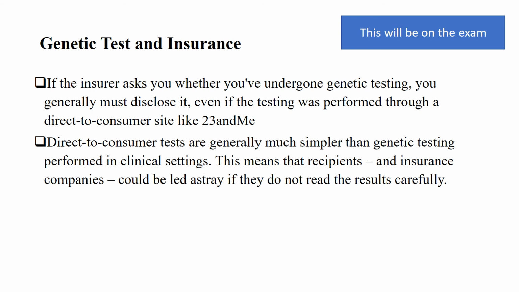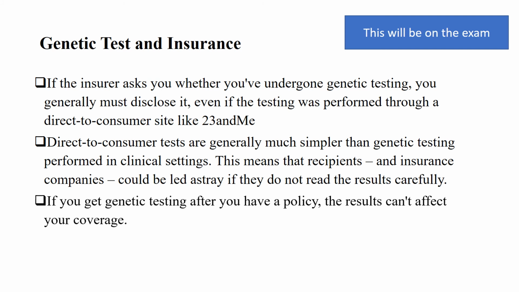During the underwriting process, your insurance company can ask you to provide this genetic testing if you have undergone these tests. Of course, if you get genetic testing after you have a policy, okay, after the insurance company issues the insurance policy, your insurance company cannot use the results to cancel your insurance policy.